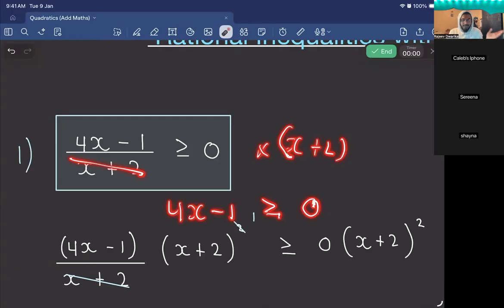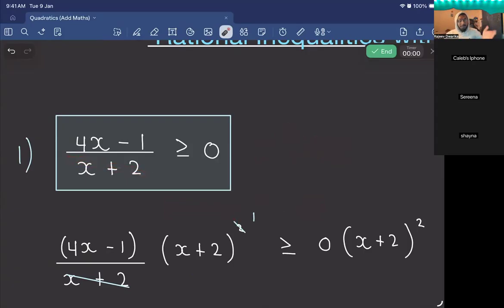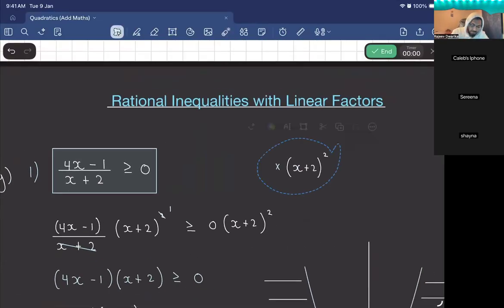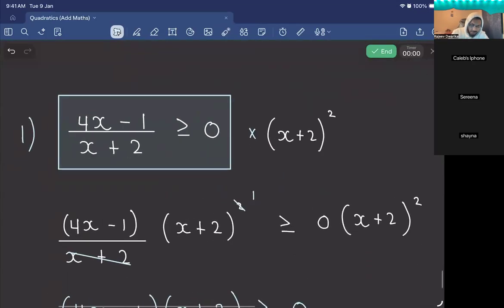It just vanished. That is our big problem. We are losing part of the solution in doing that. So instead of multiplying by just x plus 2, we should probably multiply by x plus 2 squared.